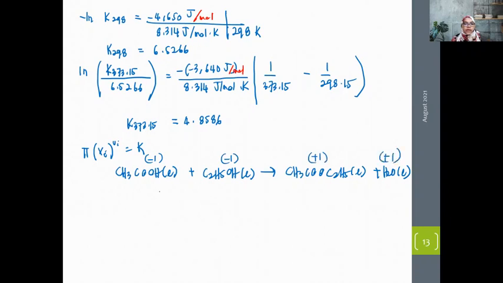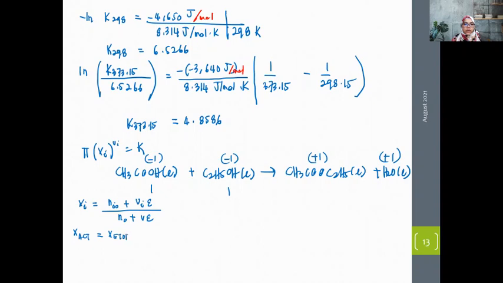And then how can we express this? We have a 1 to 1 ratio, so we can correlate the expression based on the mole fraction. Since this is a liquid, x_i equals n_i naught plus the stoichiometric number of species i times the reaction coordinate, over n naught plus v times the reaction coordinate. Start with acetic acid, equal to the ethanol as well, because it has the same initial number of moles and also the same stoichiometric number.